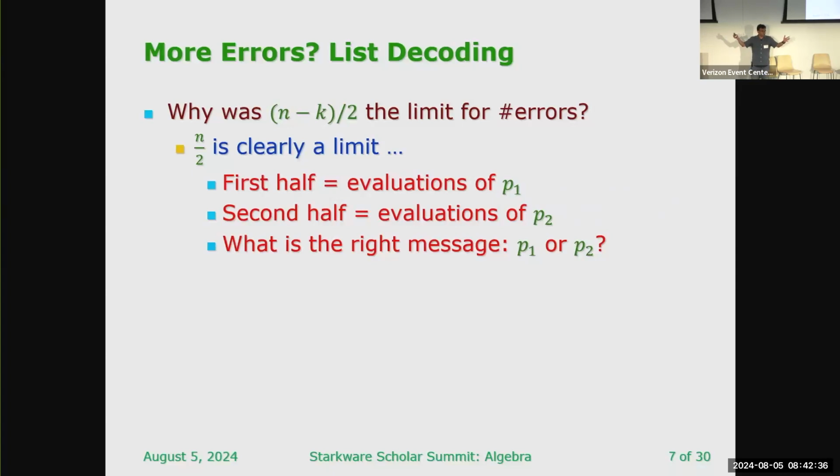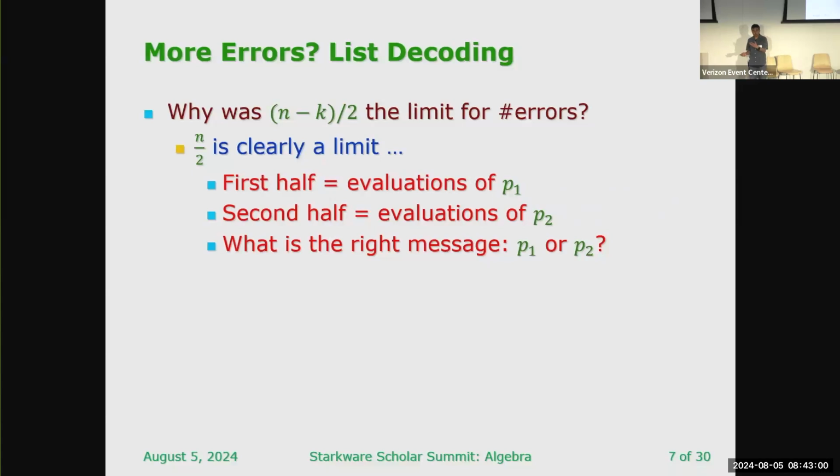There is a possibility that n over 2 errors cannot be corrected, but that's under a very stringent notion of decoding, and for many, many purposes, it's sufficient to say, look, find me a small list of all the polynomials that have large agreement. And as long as the number of polynomials is small and you can find it, that'll be great. Now the question is, can this be done?